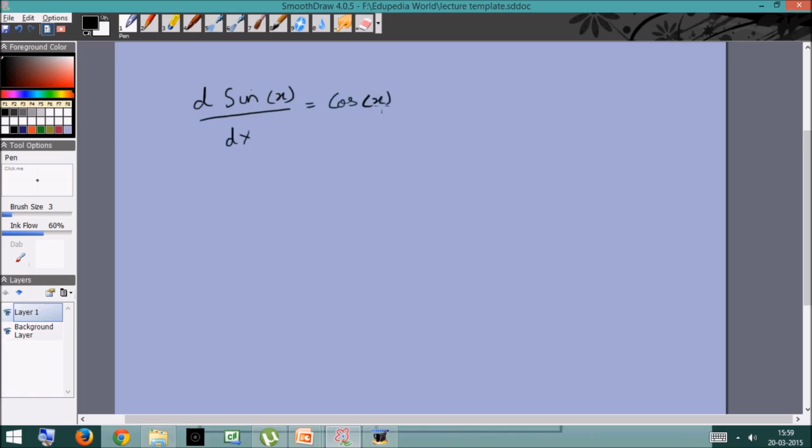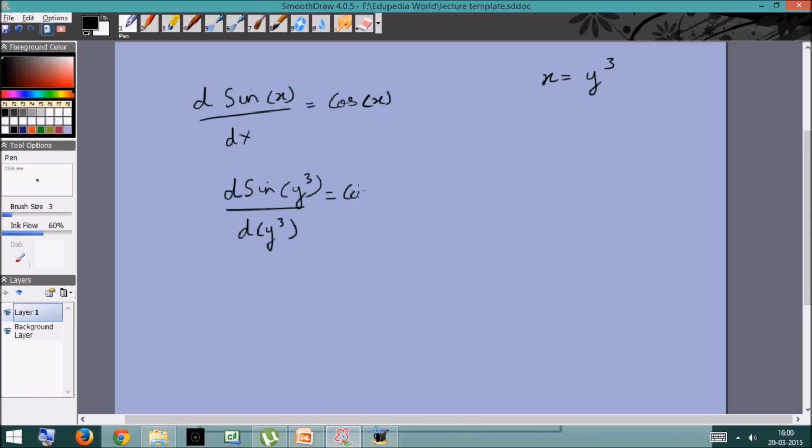A better way to say this would be the derivative of the sine of anything with respect to that thing is the cos of that thing. So a statement which is obvious from this is, let's put x equal to another function y cube. That means the derivative of the sine of y cube with respect to y cube is cos of y cube.